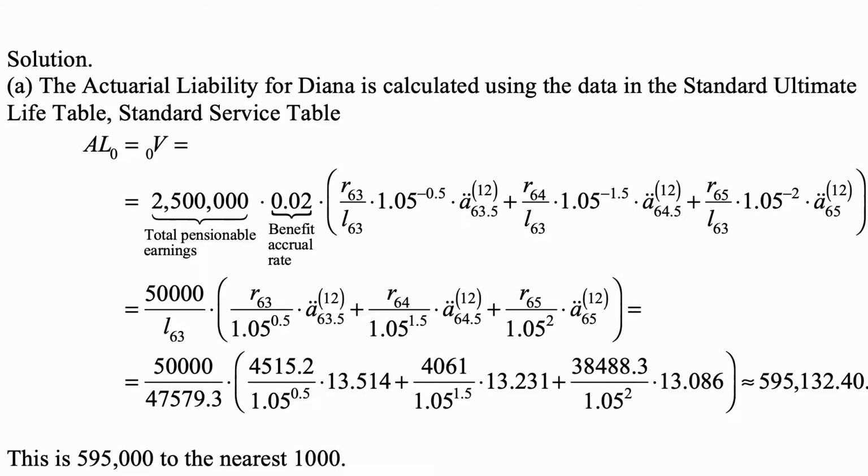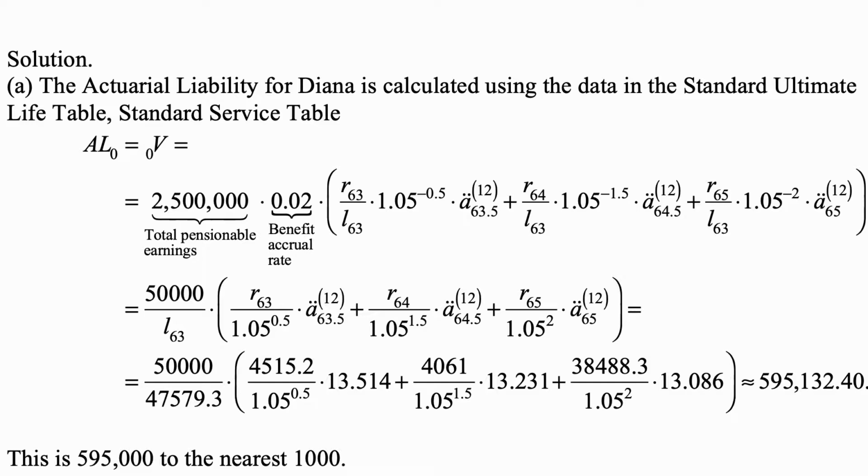So the accrued liability at time zero, we can write it as reserve, and that's actually a notation in the main textbook, is 2,500,000 total pensionable earnings times 0.02 benefit accrual rate times R63 over L63, so the number of people retiring at age 63 divided by the population at age 63, so the probability of retiring at that age.